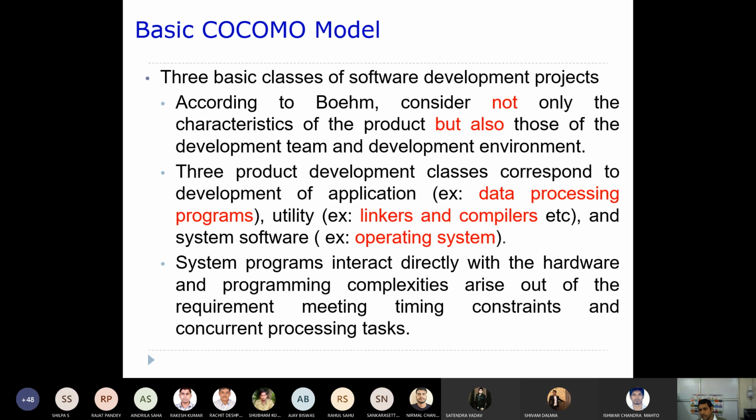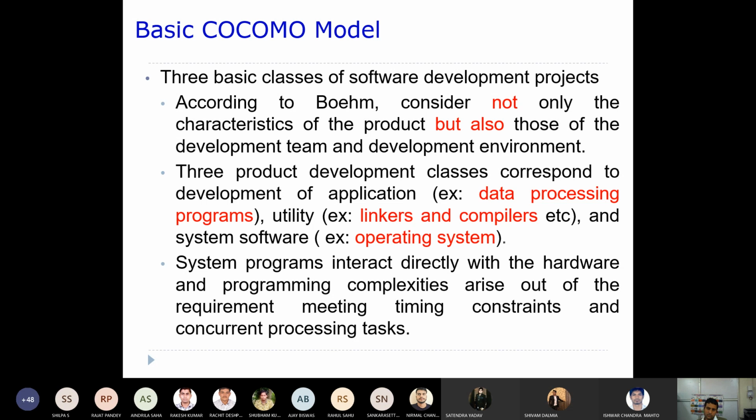One class is data processing programs, for example, the development of applications. Or it can be utility software, or it can be system software. Okay, so these are the basic software classifications, right?